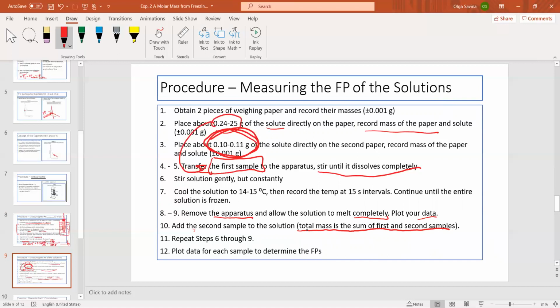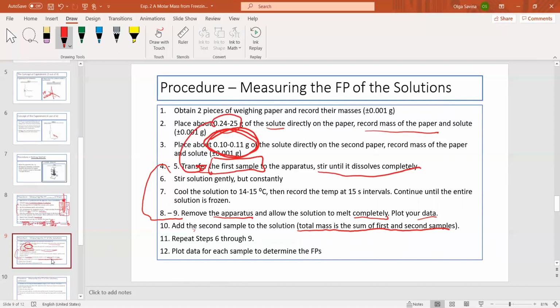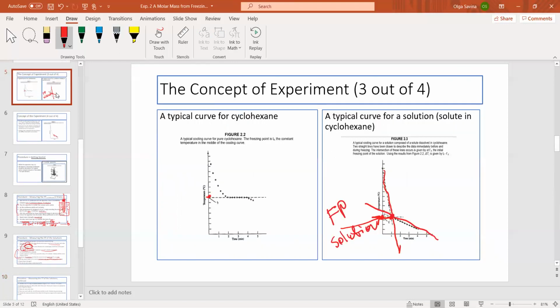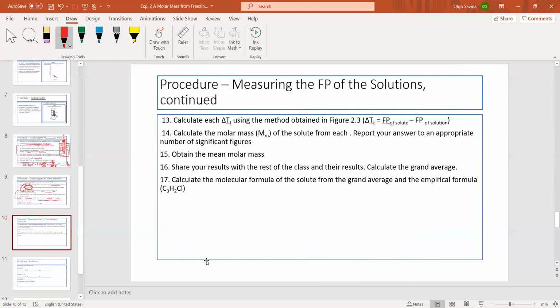And so we have to repeat our measurements, steps 6 through 9. Then we have to plot data for each sample to determine the freezing points for these two trials. Finally, we have to calculate each delta T using the method shown in figure 2.3. That means we have to plot our data, draw two straight lines, find the intercept, and find the freezing point of the solution.